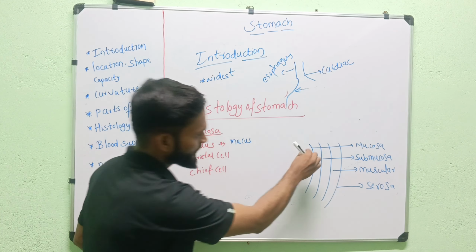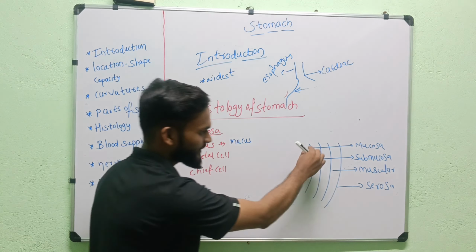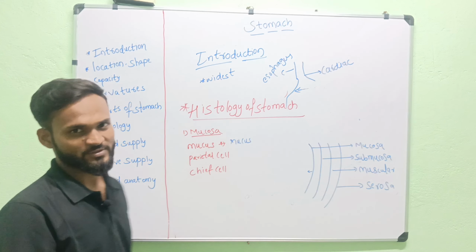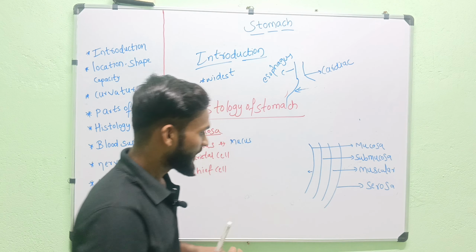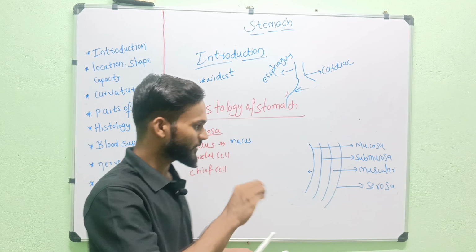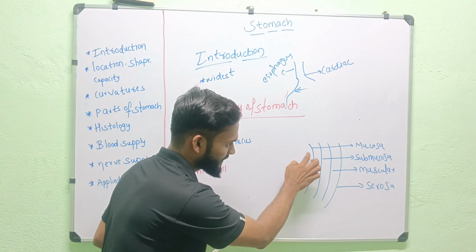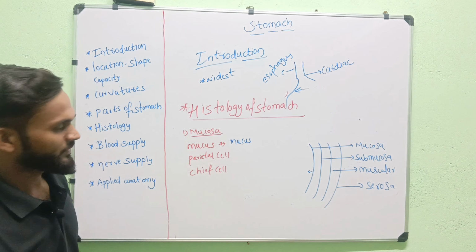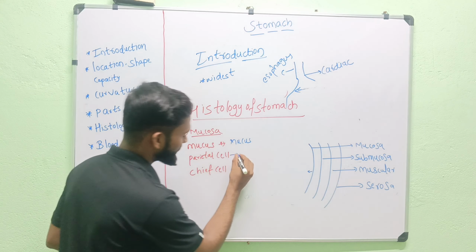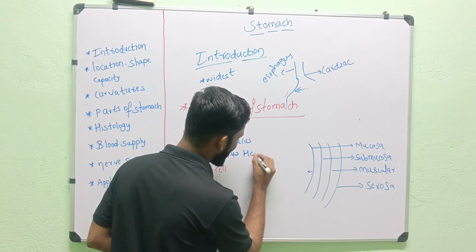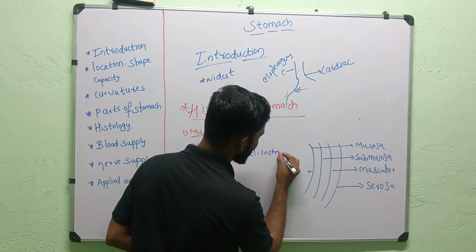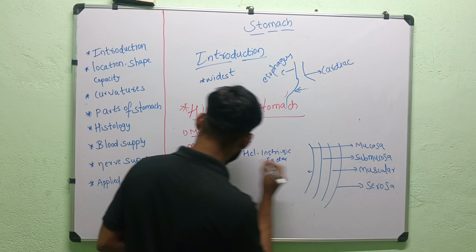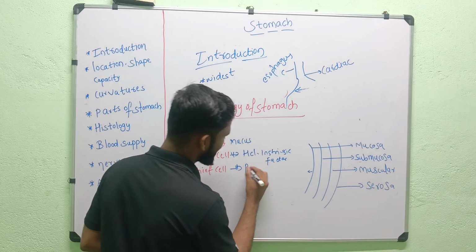This mucus protects the inner lining of your stomach from the action of pepsin, because pepsin helps in the digestion of proteins. The second one is the parietal cell, which secretes HCl, hydrochloric acid, and intrinsic factor. And the third cell, the chief cell, secretes pepsinogen.